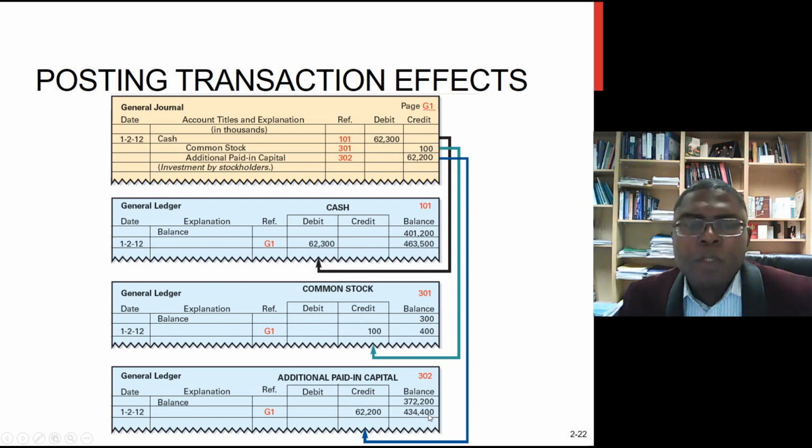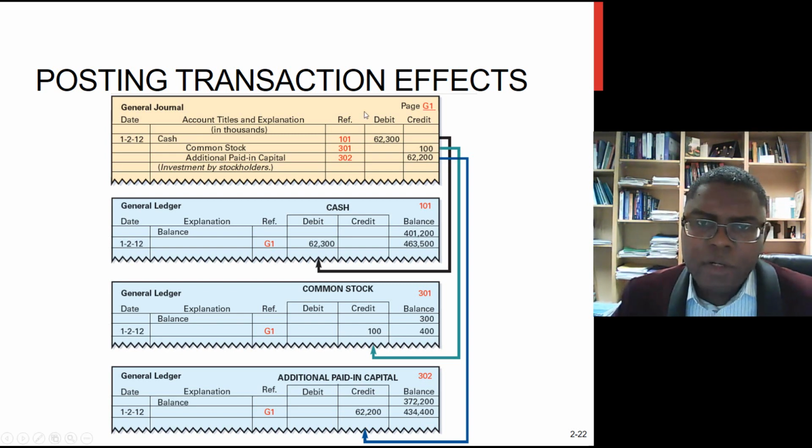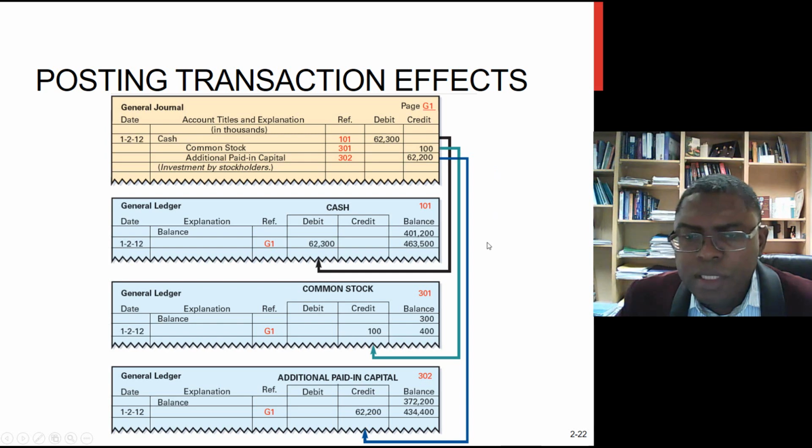What is important here is to understand that when transactions occur, they are recorded in the general journal chronologically, based on how they occur, and then we post them into the general ledger. In the general ledger, the posting takes the form of a T account.